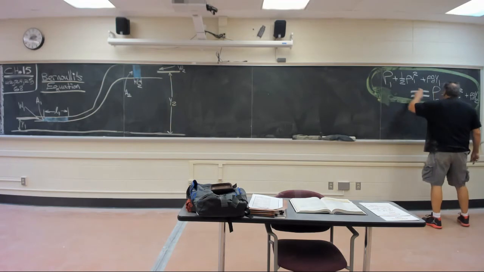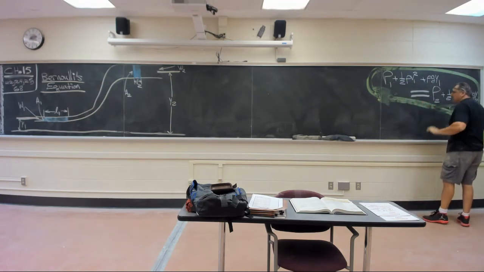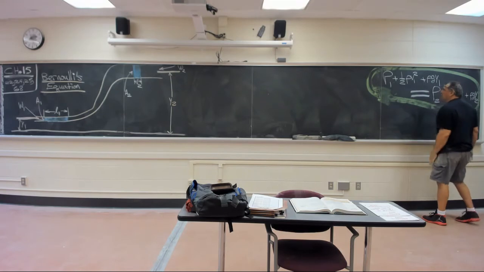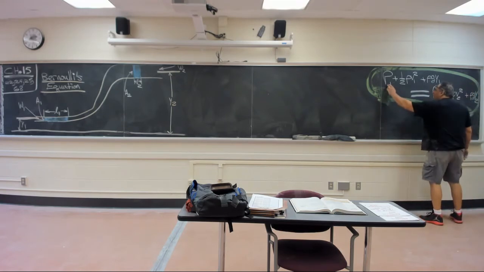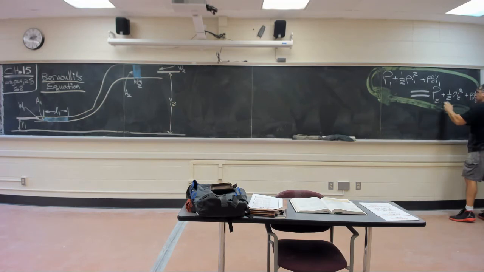P is pressure in both instances. Rho is the density of the fluid, same fluid in both instances. Forgive the fact that P and rho look alike, just watch out for it. Okay? P1 plus 1/2 rho V1 squared plus rho G Y1 equals P2 plus 1/2 rho V2 squared plus rho G Y2.